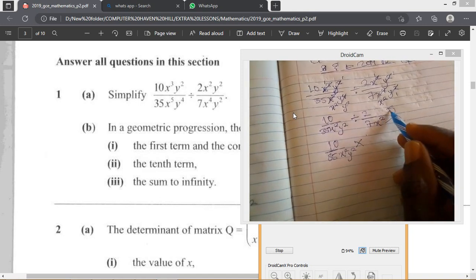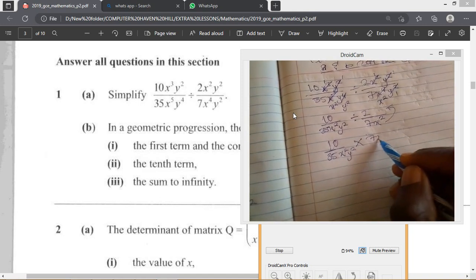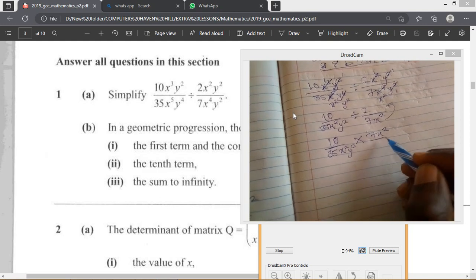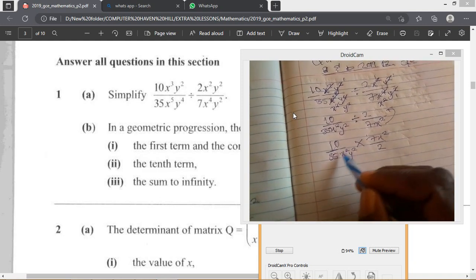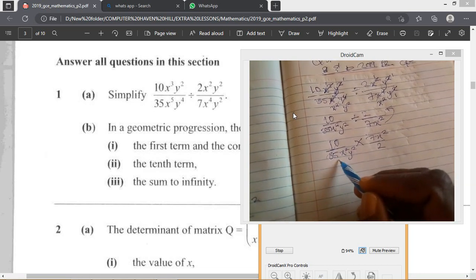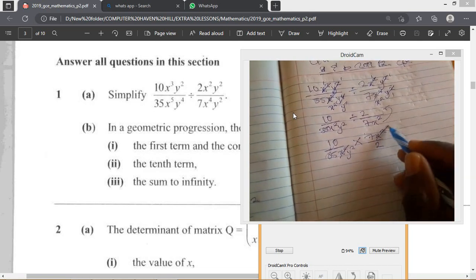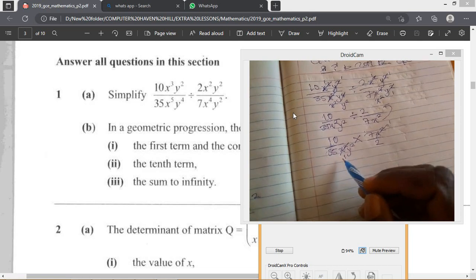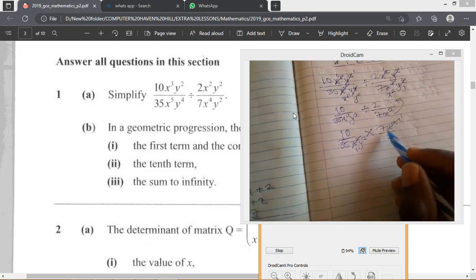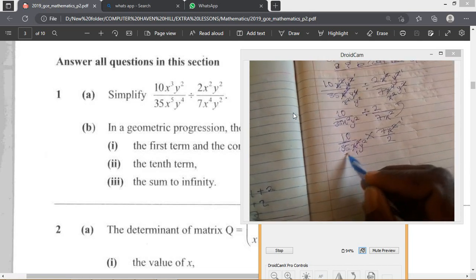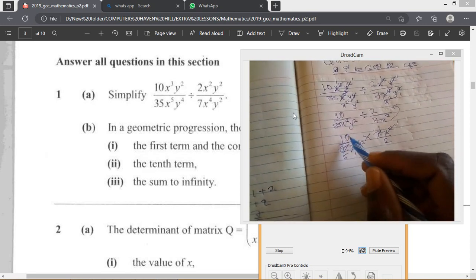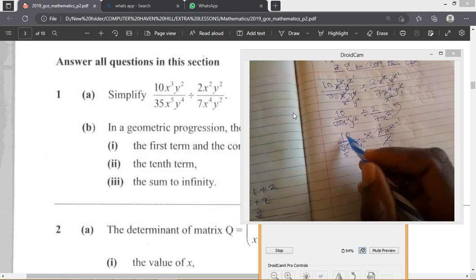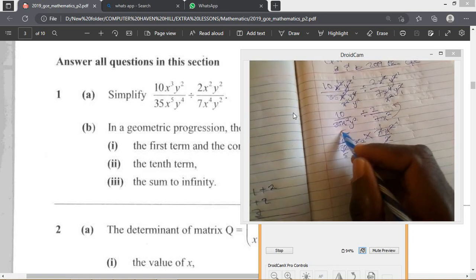This comes on top, so it's going to be 7x^2 over 2. Then we check on the common terms on this side. These cancel, because we have divided. Then 7 divided by 35 is 1 over 5, and 10 divided by 2 is 5.